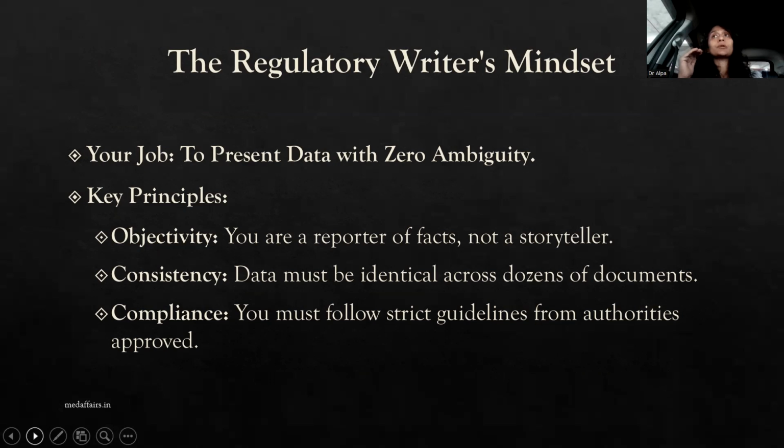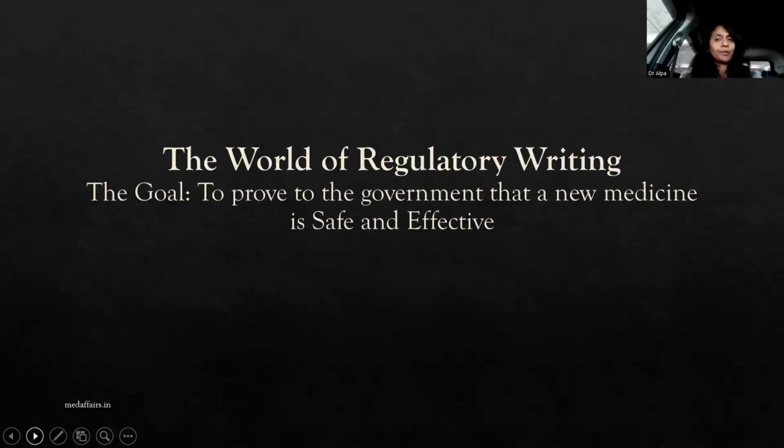When I say without any ambiguities, it implies that every fact stated in the document needs to be referenced properly. The key principles involved for this type of writing would be objectivity. Just stick to the facts, no narrative review, nothing. Be consistent, and all the guidelines need to be followed.